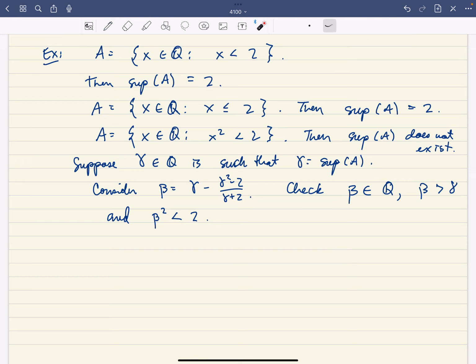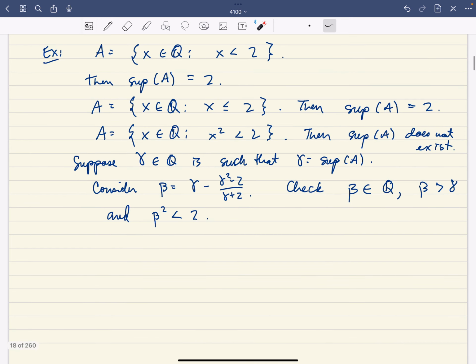So in other words, no matter what rational number you start with, you can always find a larger rational number that still satisfies this inequality. So there is no largest rational number that satisfies that inequality. I want to make sure I said that correctly, so I'm going to say it again. There's no supremum of this set.